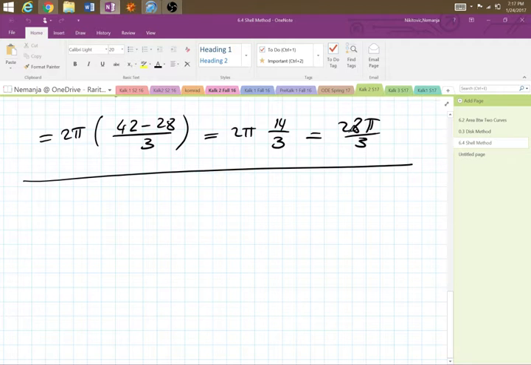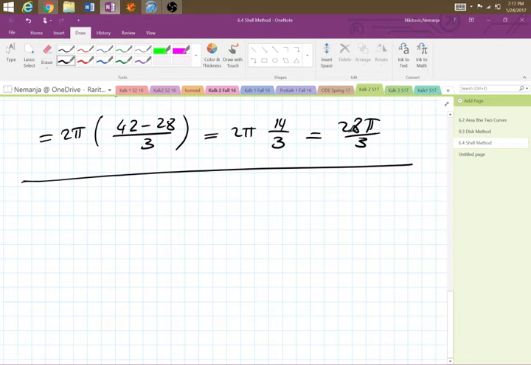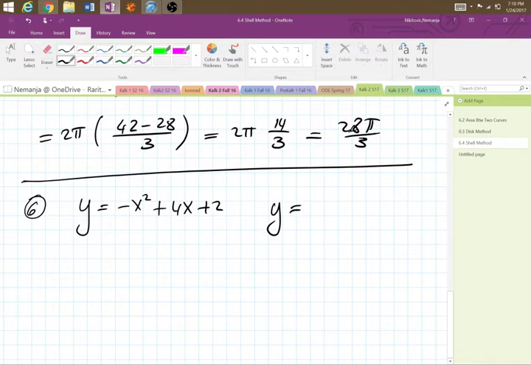Let's take a look at this problem, problem 6. We have y equals negative x squared plus 4x plus 2, and y equals x squared minus 6x plus 10.